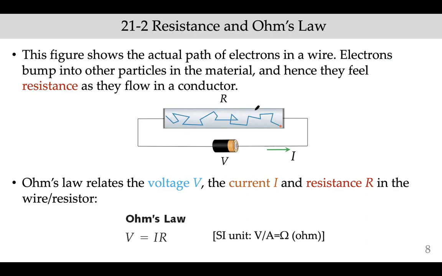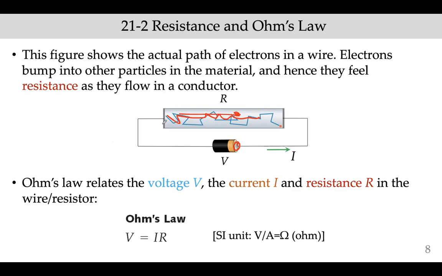This is the positive terminal, so the current is this way. But remember, electrons move in the opposite direction to the current, so this electron moves this way. It moves in the wire, but it makes some collisions throughout that motion.